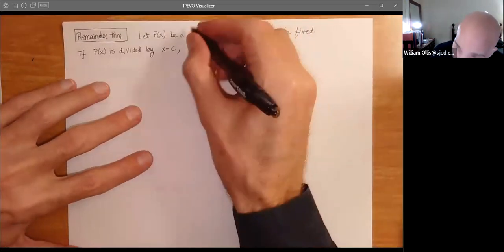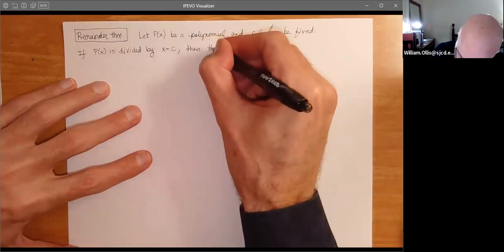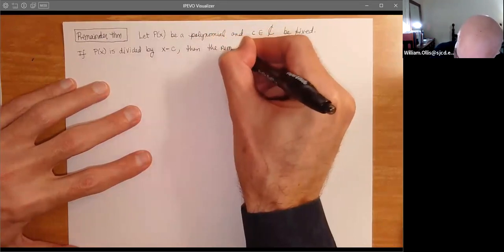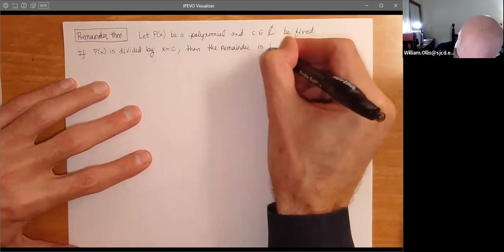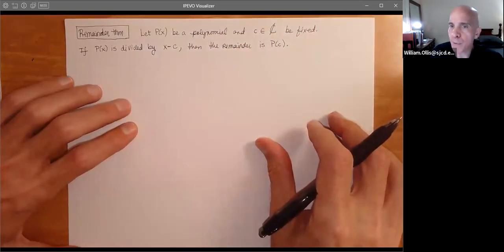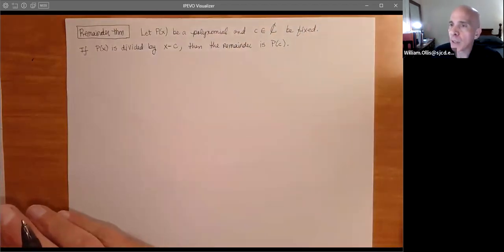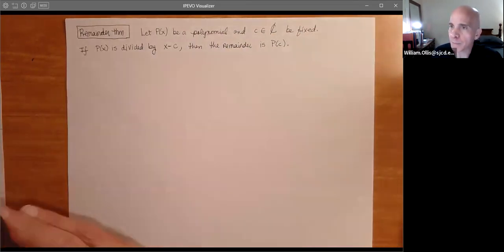Now, this might be a surprise to you. Then the remainder is P of C. And you're thinking, well, that's just a simple use of the division algorithm, because you told me what you're doing.